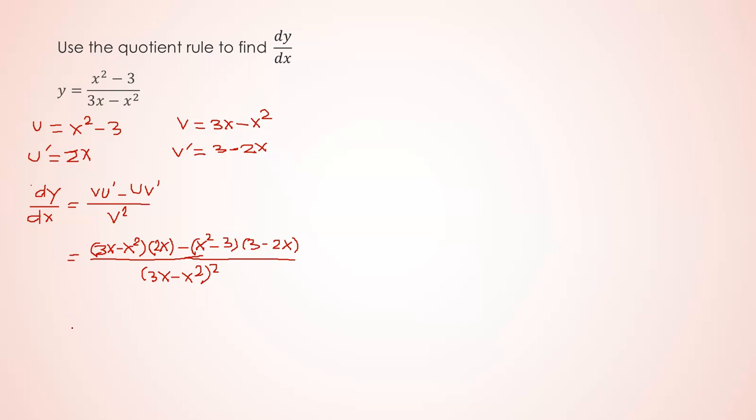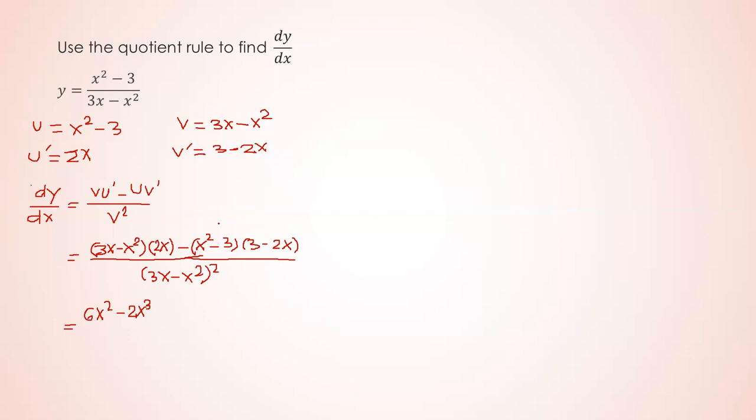Afterwards, we're going to multiply 3x times 2x, which is 6x squared, and x squared times 2x equals minus 2x cubed.